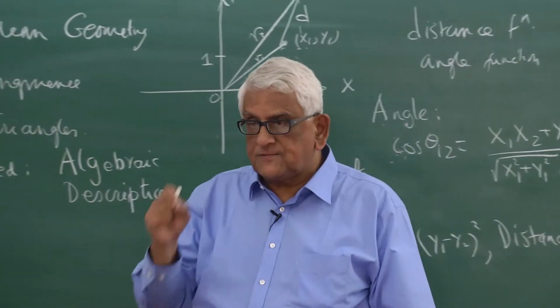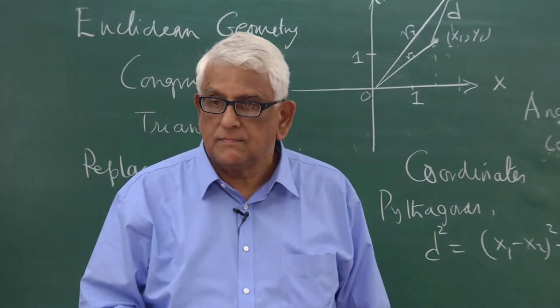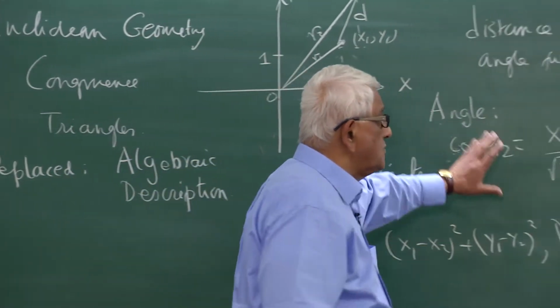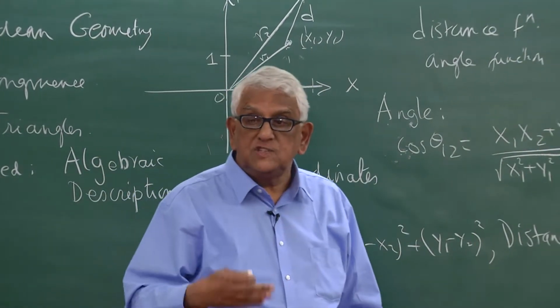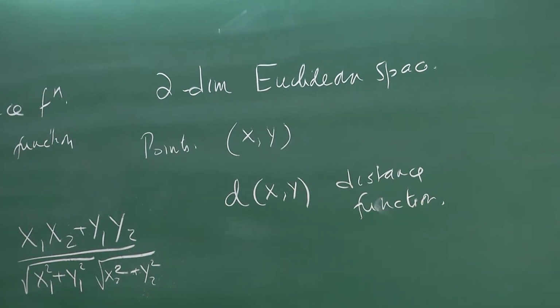So, the distance function is given by Pythagoras' theorem, right. So, this is the standard geometry, and it is quite easy to generalize this to 3 dimensions or to n dimensions, it does not matter.